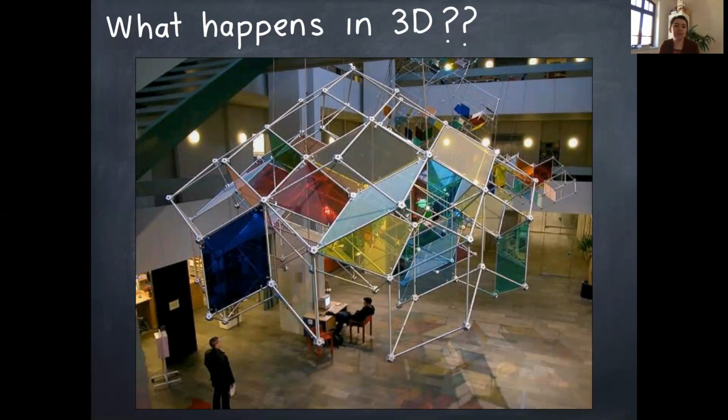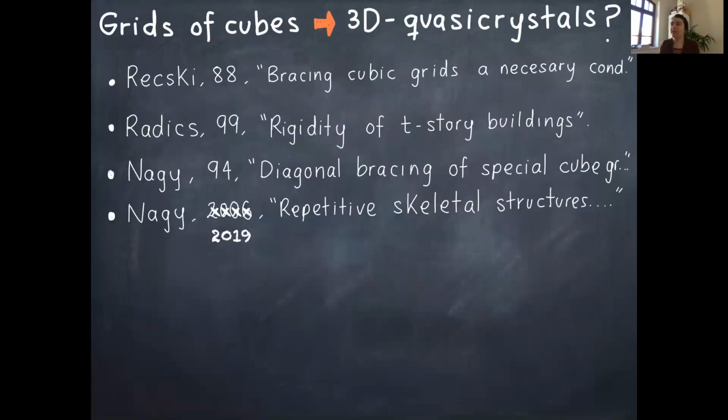So let's start from the same starting point that we started with for the 2D case: is there anything that we can say for grids of cubes, that we can then say for 3D quasicrystals? And there has been a lot of work on rigidity for 3D frameworks.